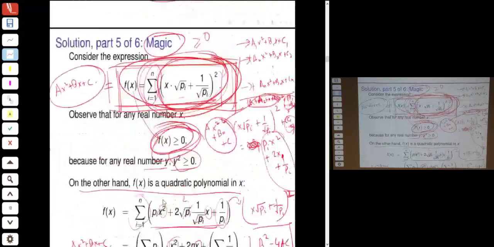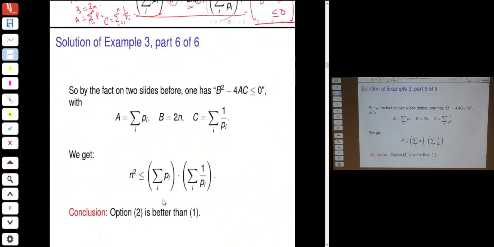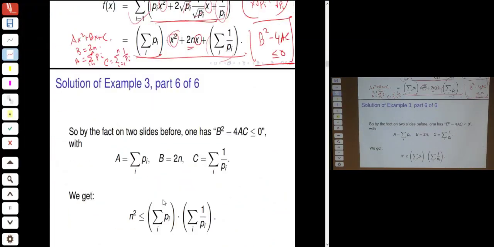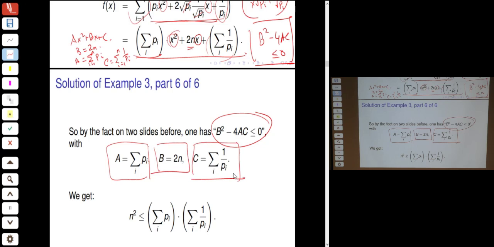Okay. So once we have that, we solve for b square minus 4ac less than or equal to 0. We try to see what it means. So a, as we mentioned, is summation pi, b is 2n, and c is summation 1 over pi.